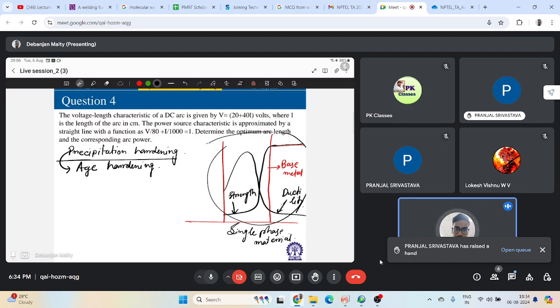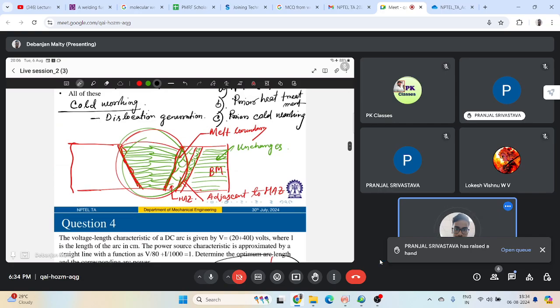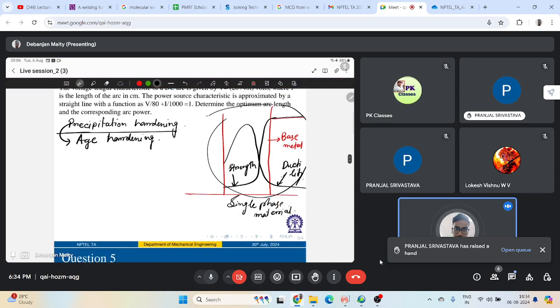So if you are thinking of this region, this is overaged, and adjacent to this heat affected region, this is aged.